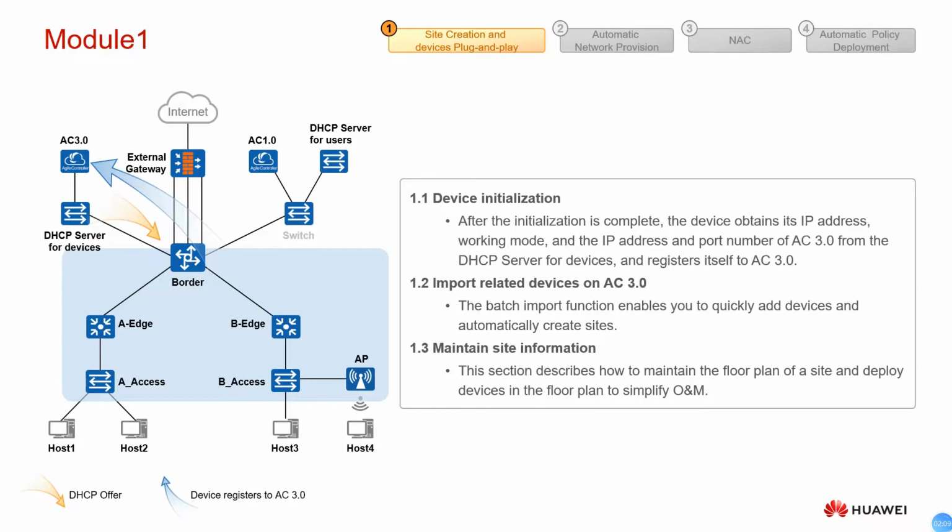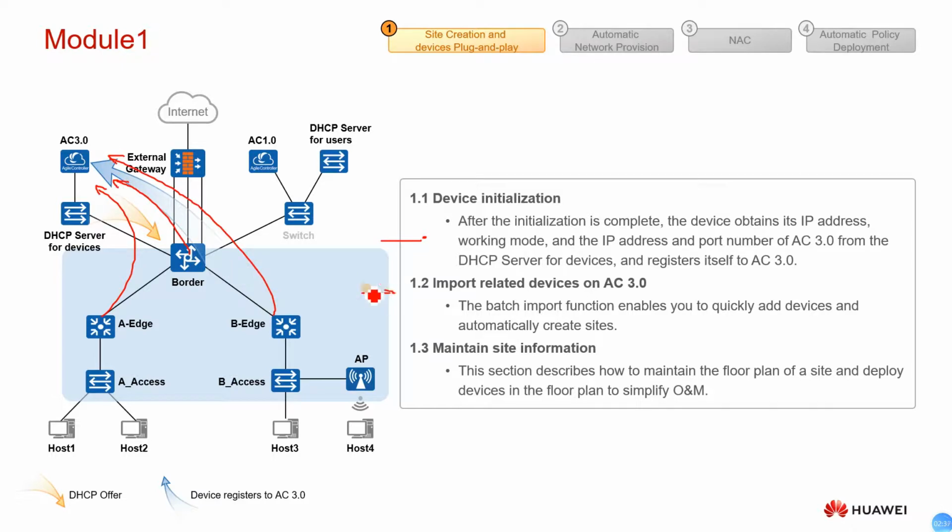So for the customer, the value is that they do not need to configure the devices after they install the devices into the rack. The second step is that after step one, the devices will send the request to the AC 3.0.